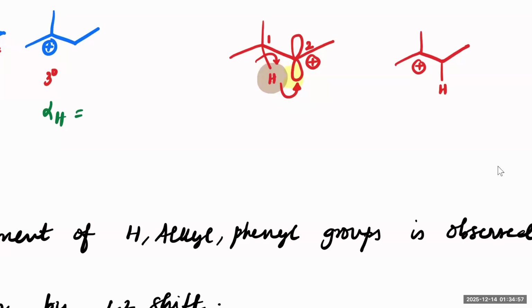And that can interact with this empty orbital on the second carbon. And this entire electron density, it will break from the carbon, convert into H minus, and that H minus will move here. And as the H minus moves here, the position 1 will now attain a positive charge.